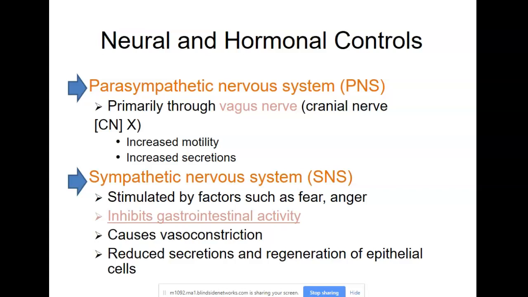Okay, so your digestive system is controlled by a balance between your parasympathetics and your sympathetics, just like the rest of your body. We really talk about the sympathetics driving that fight or flight response. It amps you up, it gets you going, you can run from a tiger. It turns everything in your body from volume 10 to volume 100, except your digestive tract.